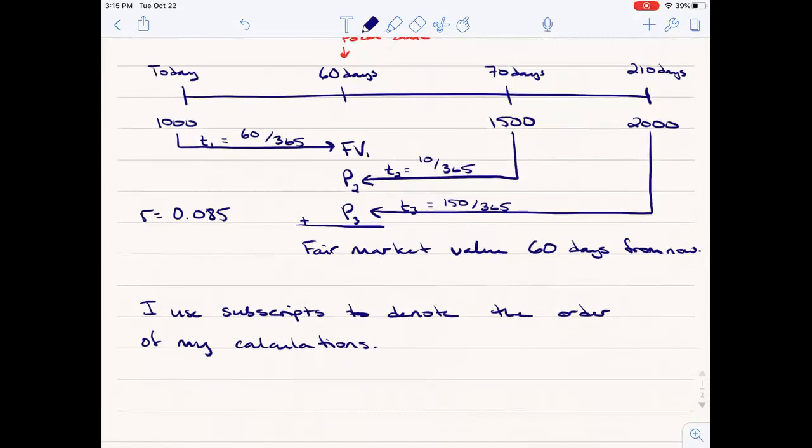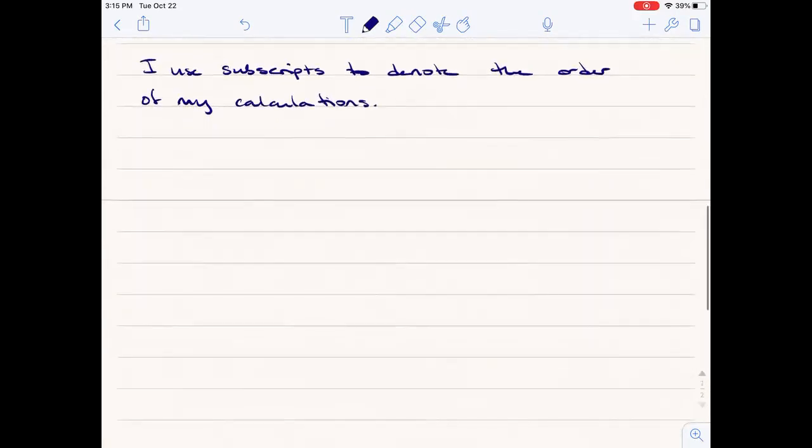And I'm going to do them in the order that the subscripts are. You can do them in any order, doesn't matter. So future value 1 is, let's see if I forgot to mention anything. No. P times 1 plus R times T, T1 in this case.